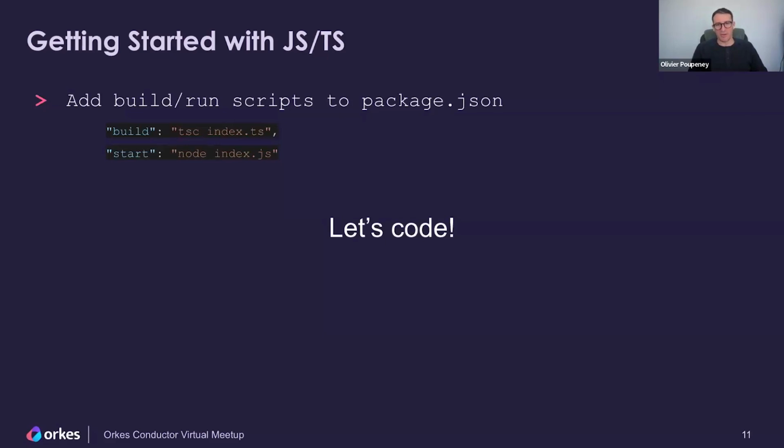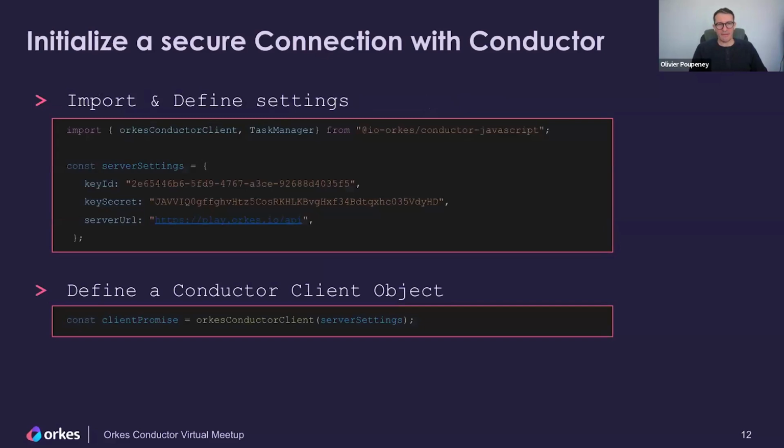So what you're going to do first in the code is import the right classes from the SDK and define the settings, because before your worker can work, you need to have a connection between your worker or your client app and the Conductor server. And this connection needs to be secured. That's very important.